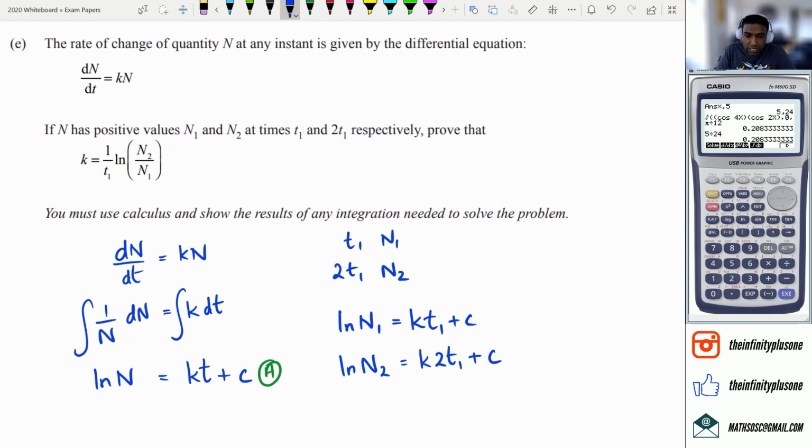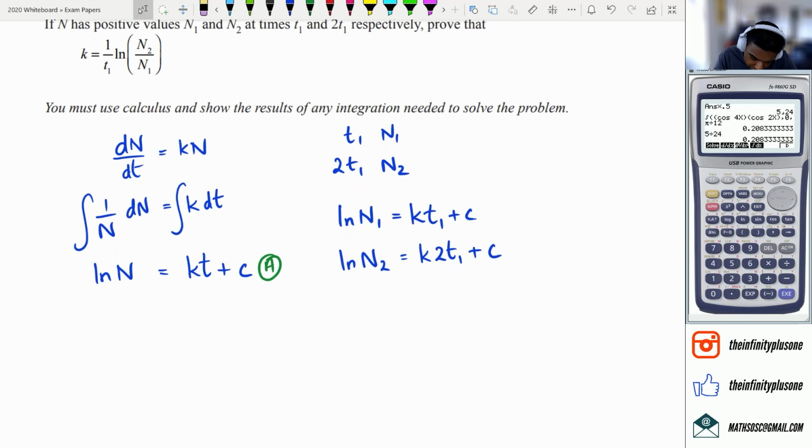If that's two simultaneous equations, then all we have to do is get rid of the c's. So we can actually go subtraction, all right? Because they want n2 at the top, it's going to be slightly different, but that's all right. We can still work around it.